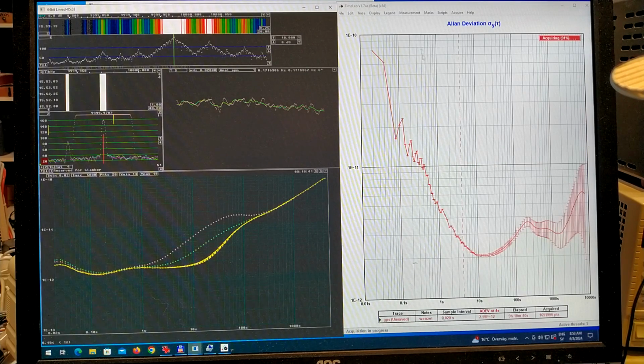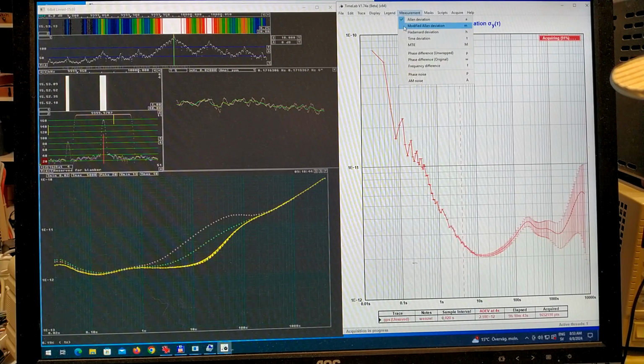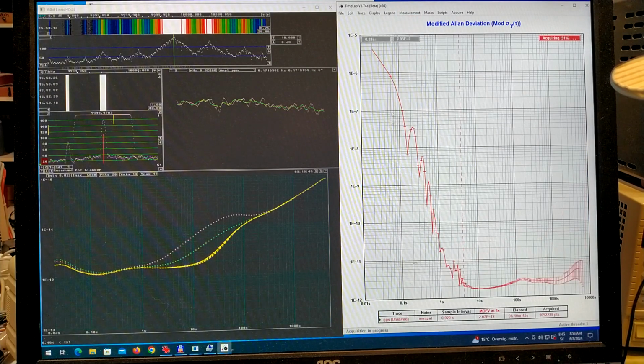I can change to modified Allan deviation, and then there is a filter that is applied that brings down the noise in this range.